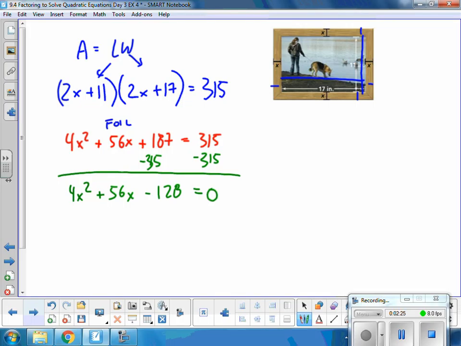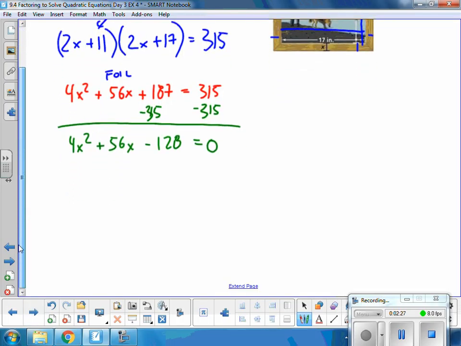And when I put it in this form, I can then solve it to find my solutions, where it crosses the x-axis. All right, so when I look at this whole thing, one thing that I can see right away is that I can do some factoring. That's how ultimately I want to solve this, but I'm going to factor out a 4.